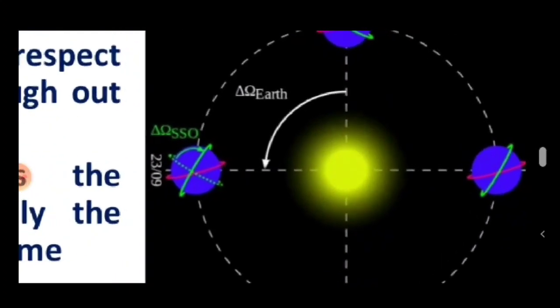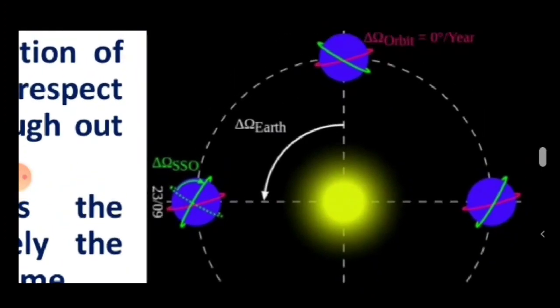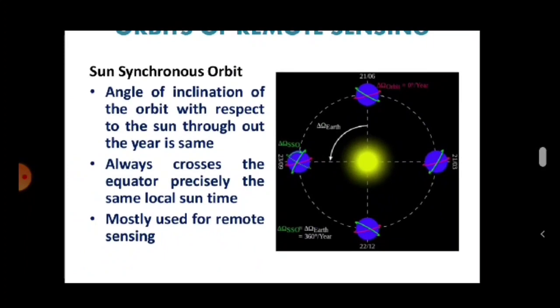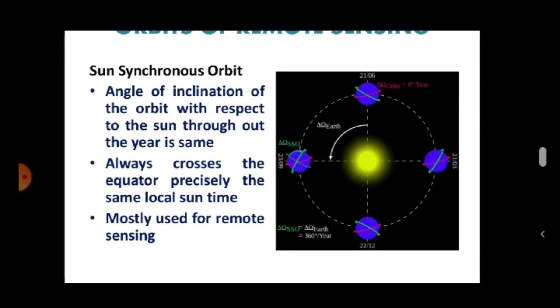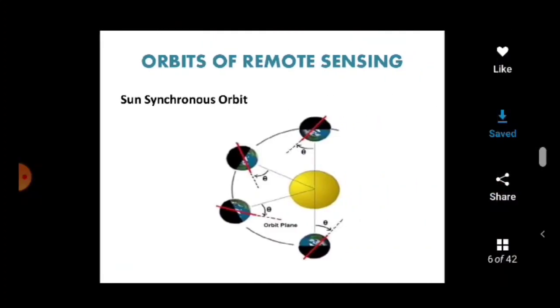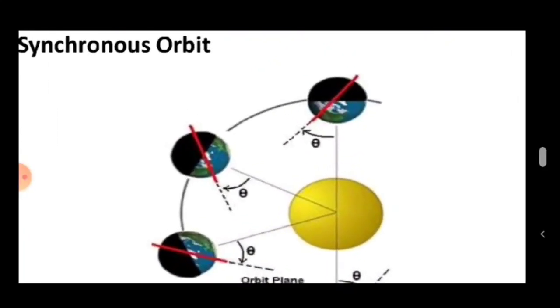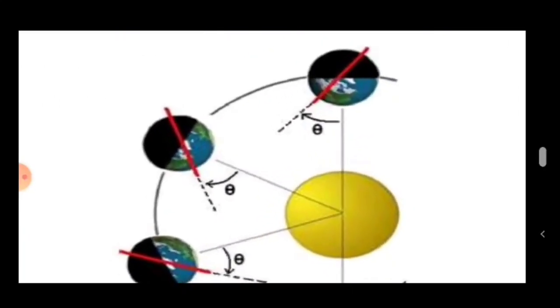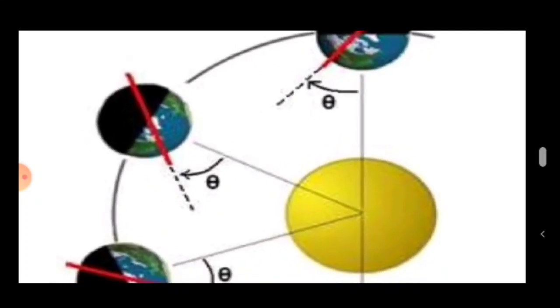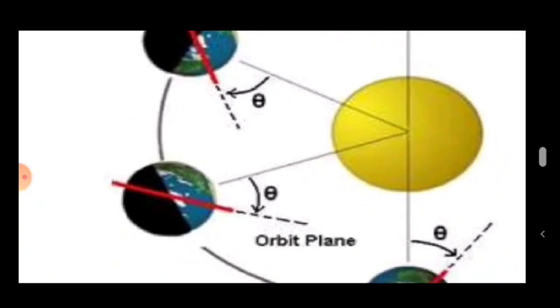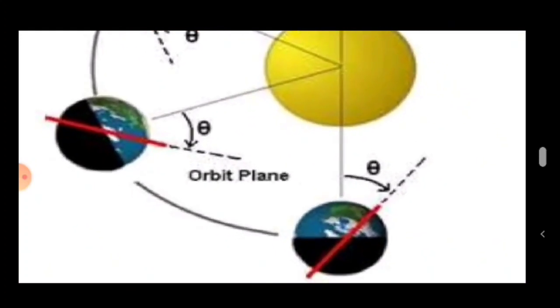You can see that it crosses the equator at the same time with the same inclination of the orbit with respect to the sun. Here's another, this is what I meant previously. The inclination is always the same with respect to the sun wherever the Earth is, in this plane.